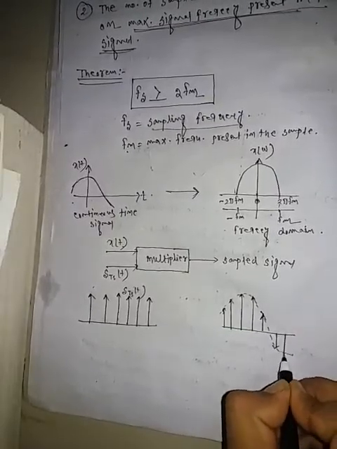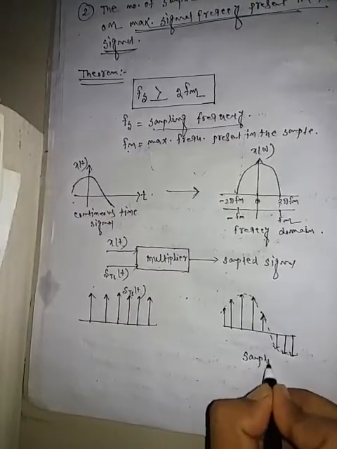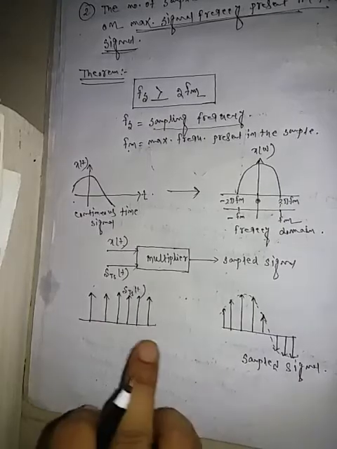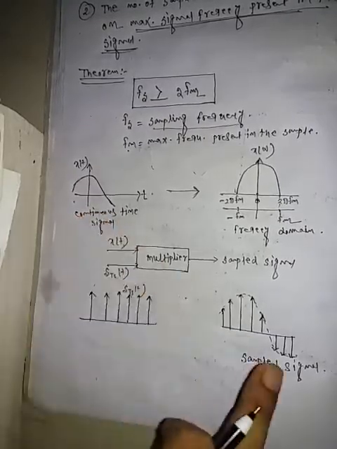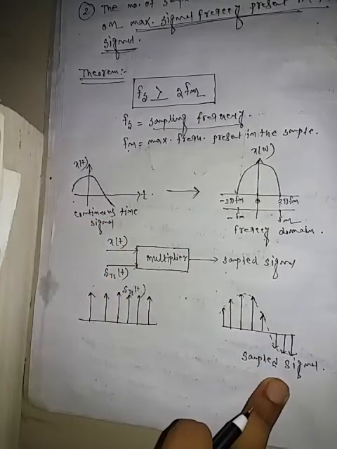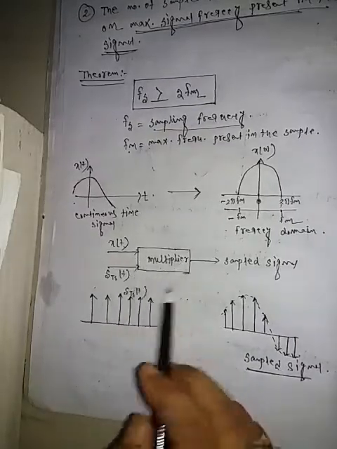So a continuous time signal is converted into a discrete time signal, called the sampled signal, by the use of a multiplier.